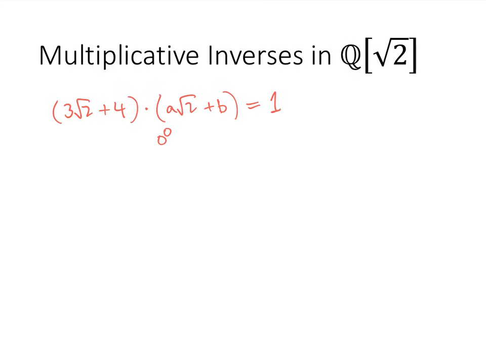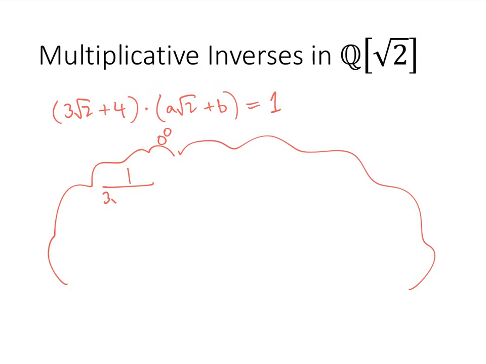So my thought process is that what I really want here is 1 over 3 radical 2 plus 4. The only problem is that 1 over 3 radical 2 plus 4 is not of the form a radical 2 plus b. But I can do something kind of clever to get it into that form. I'm going to multiply that fraction, top and bottom, by 3 radical 2 minus 4.